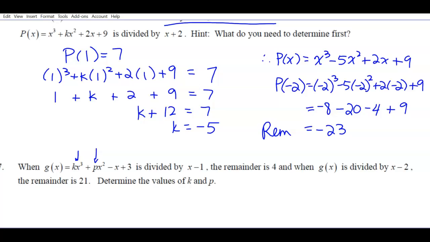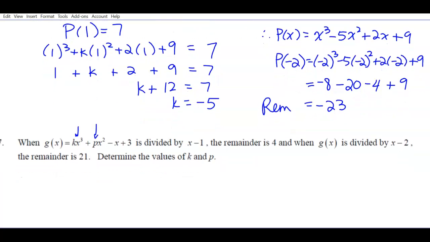Okay? So we want to find, remainder equals g of 1. Okay, so the remainder here is 4. G of 1.